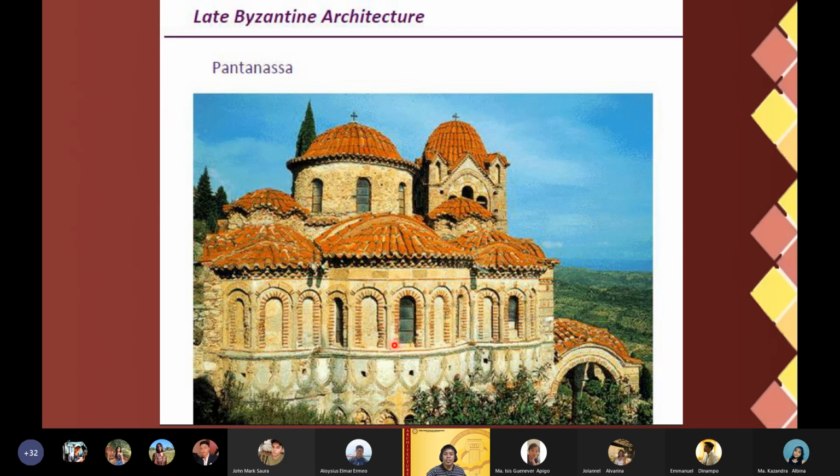You can see that they don't plaster it, they don't cover it, they don't provide cladding just like what we are doing right now. The buildings now are all cladding, all aluminum cladding. And they always have domes. This one is Pantanasa, it's actually a monastery somewhere in Greece.